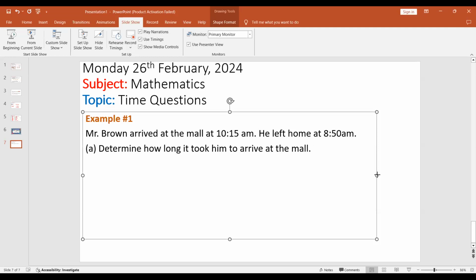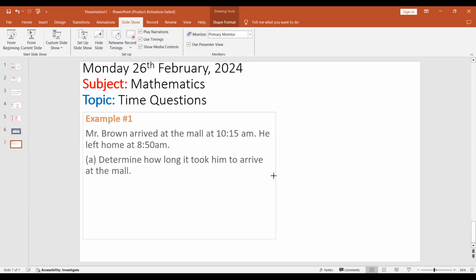How long is a question on time, right? Mr. Brown arrived at the mall at 10:15 a.m. Determine how long it took him to arrive at the mall. Okay, good.